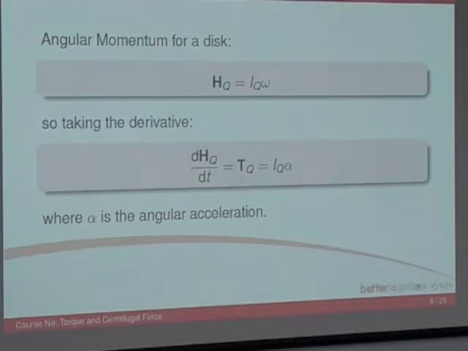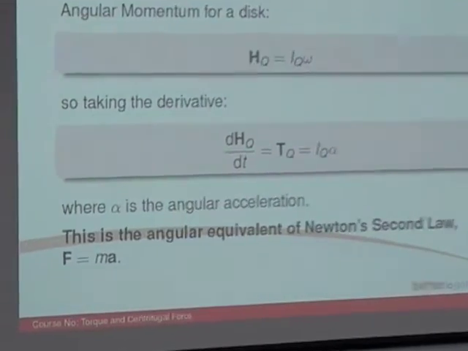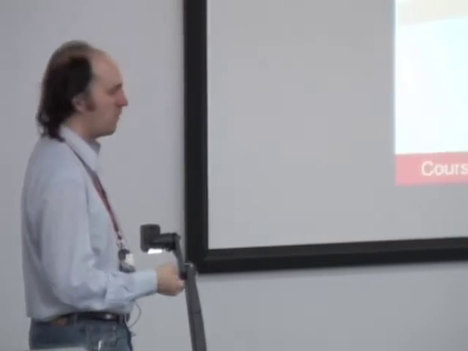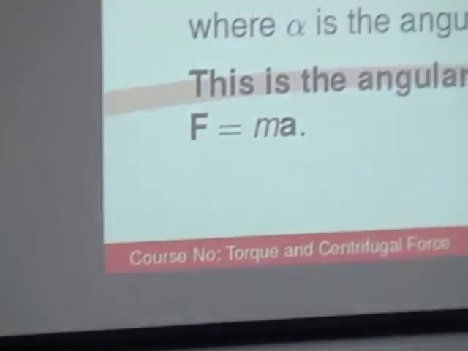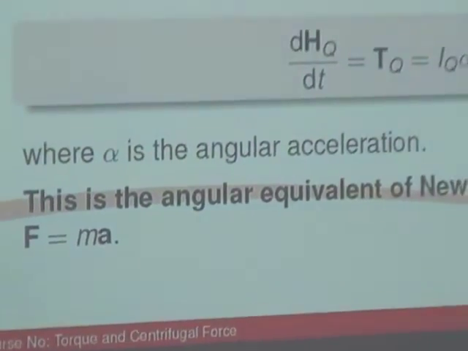So you've already had a chance to use that in your work, but this time it's going to be more apparent. This is the angular equivalent of Newton's second law, F equals MA. We know that very well. The same thing for angular motion is torque equals I alpha.